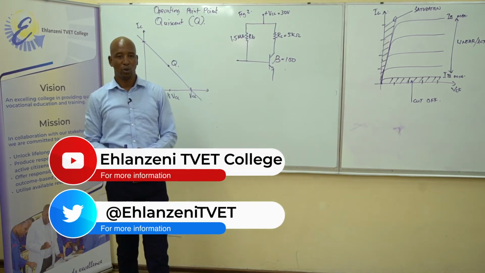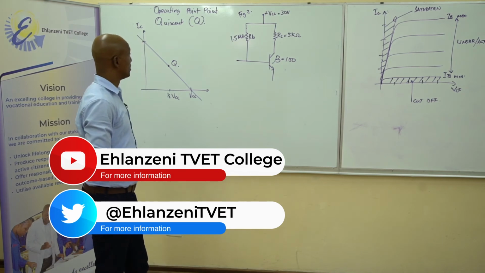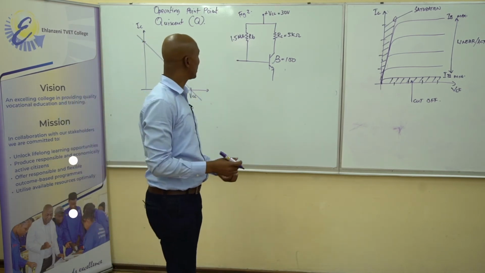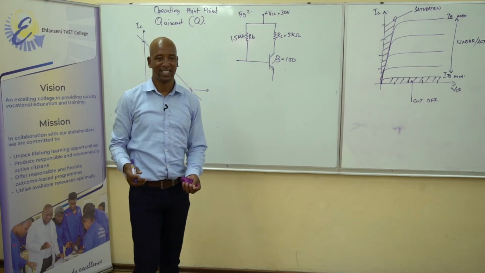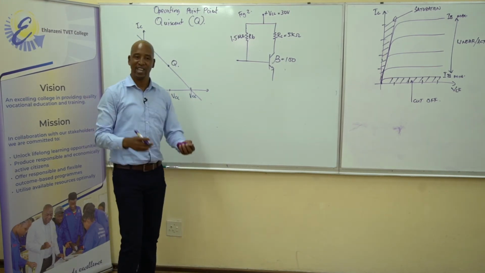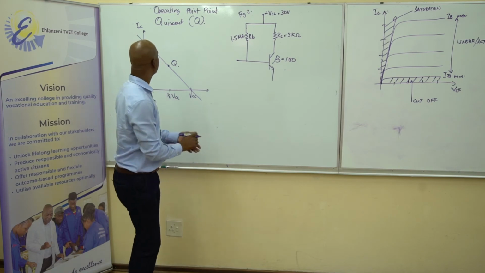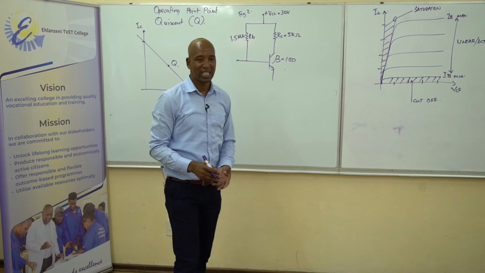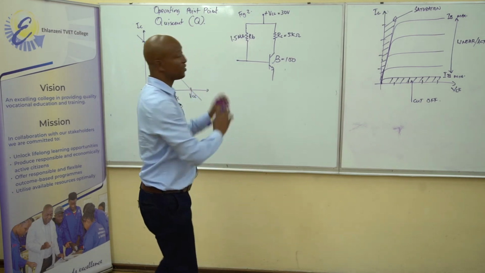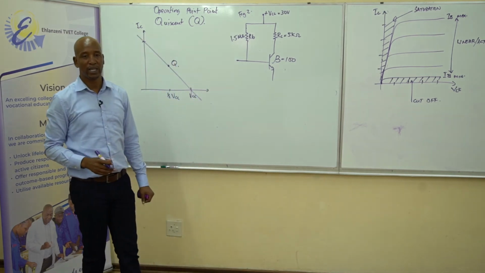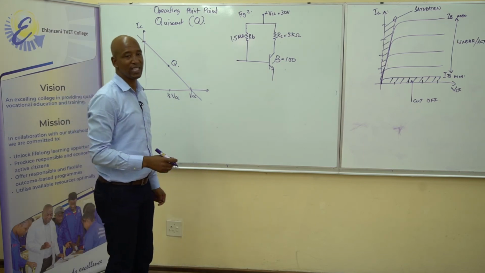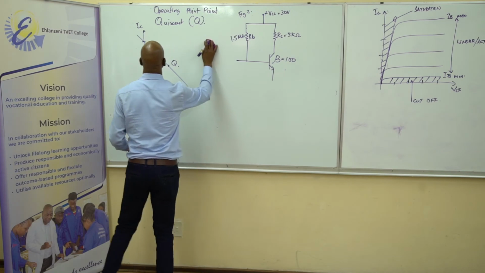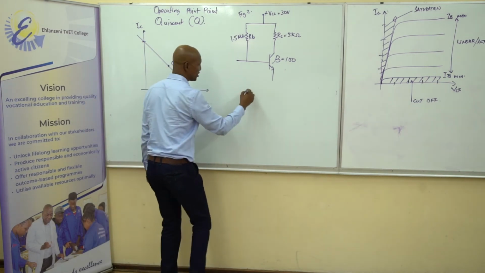Okay, so for figure 2, you will also be asked to draw the load line and plot an appropriate quiescent or operating point using all these given values. So where do we start? Let's start the solution. Or actually, I write down the question.